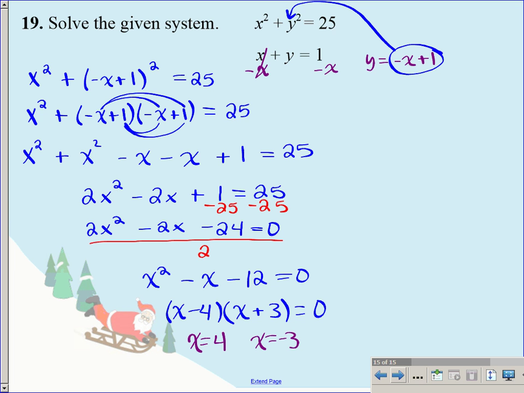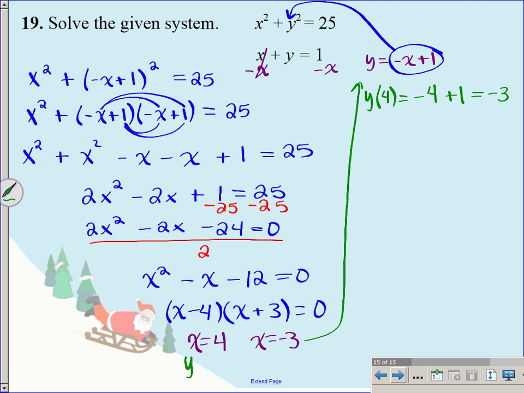But in order to graph these, I need to get some y values. So I'm going to come all the way back up here to my equation, y equals negative x plus 1, and plug in my values. So when x is a positive 4, negative x is negative 4, plus 1 is negative 3. So that means here y is negative 3.